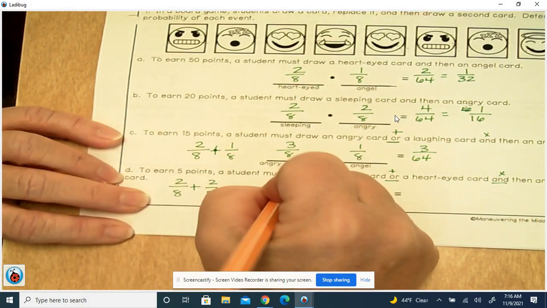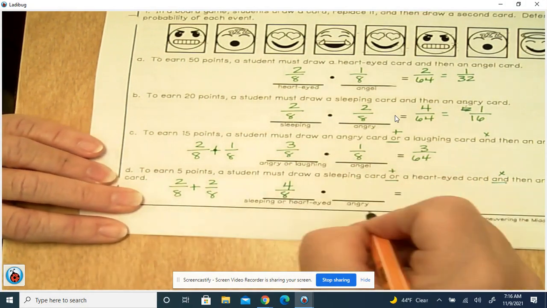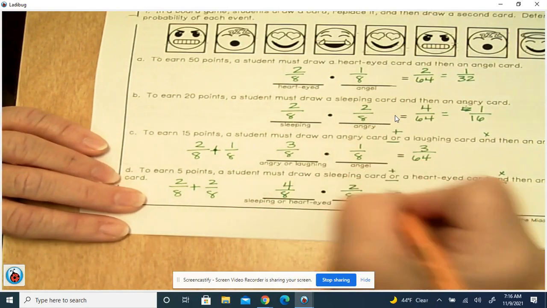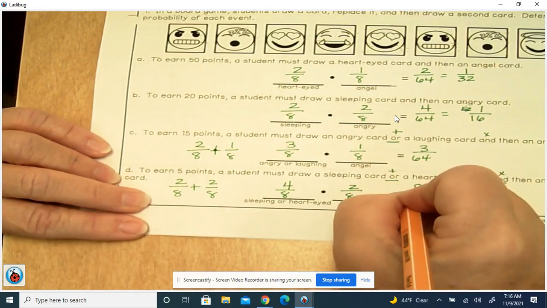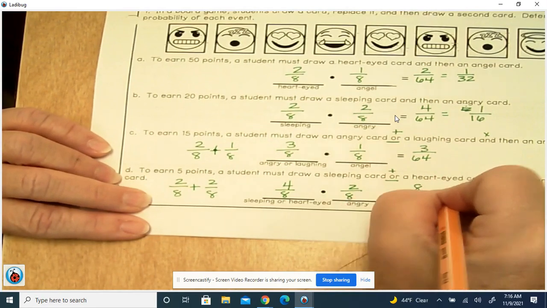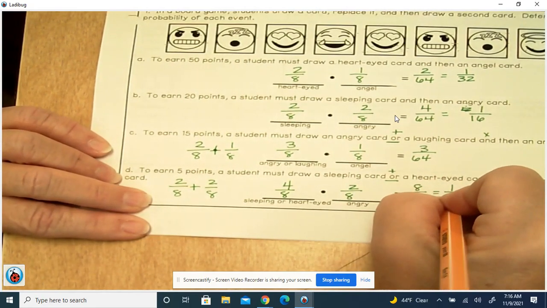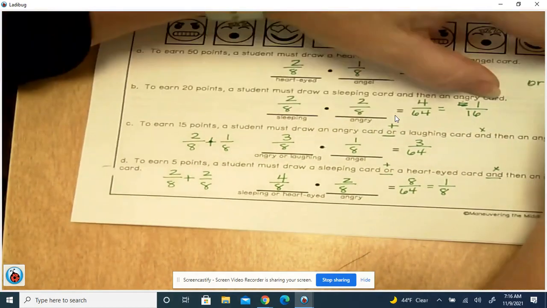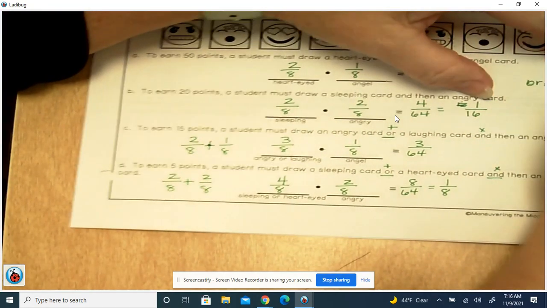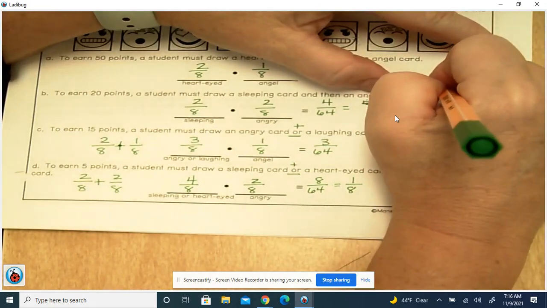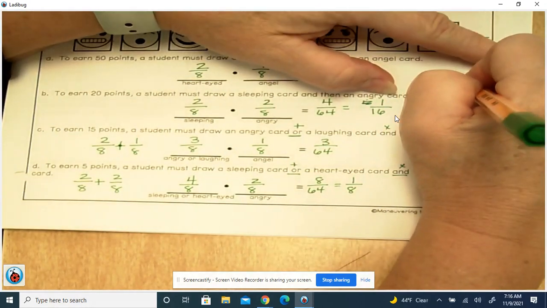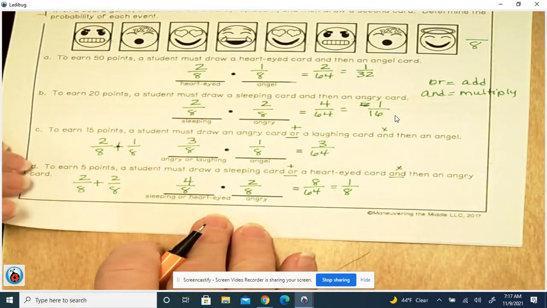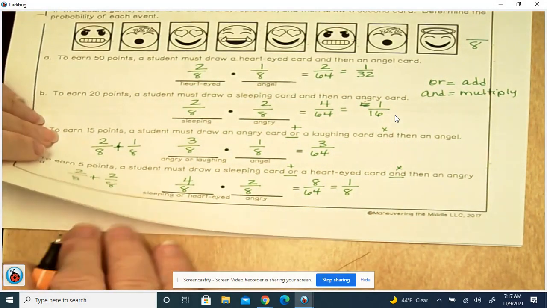So that gives us 4 out of 8, times an angry card, which is 2 out of 8. 4 times 2 is 8, and then 8 times 8 is 64, and that simplifies to 1/8. So remember, or equals add, and equals multiply. And we wrote that on our very first sheet for this unit.